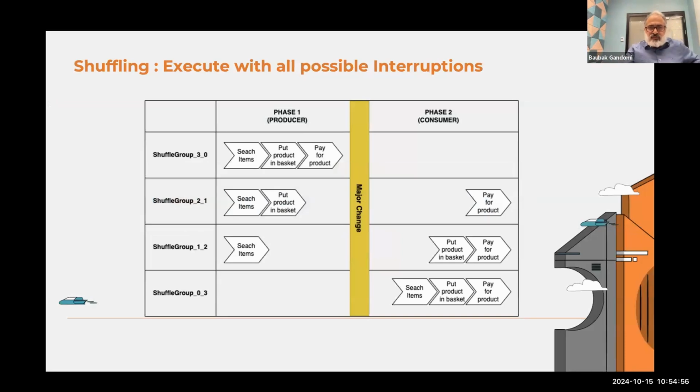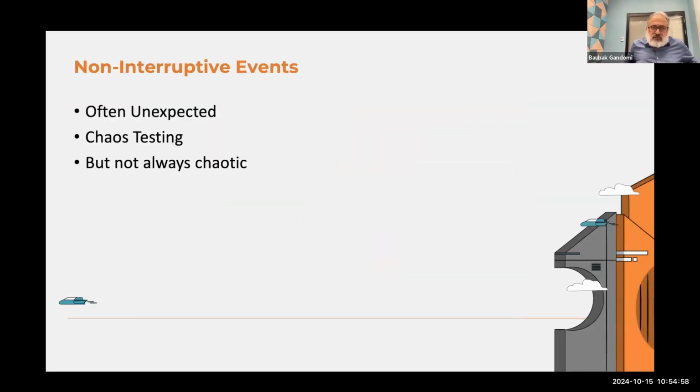Okay. So let's go to non-interruptive events. Non-interruptive events are usually unexpected. We started talking about this thinking about driverless cars, but then we realized it's very close to chaos testing, and this is what we're using it for now.